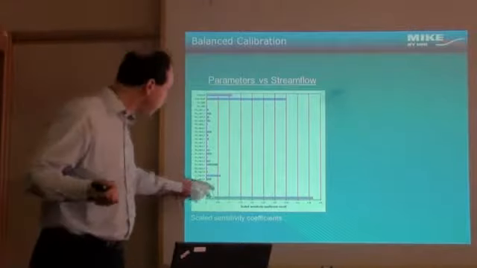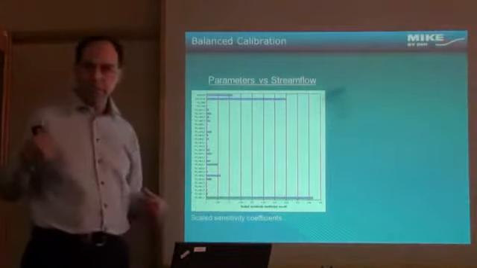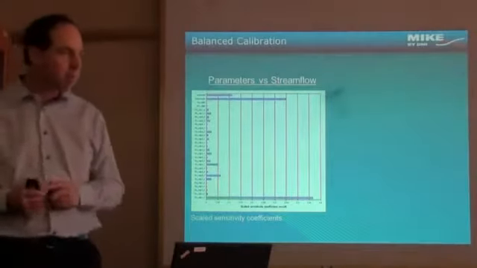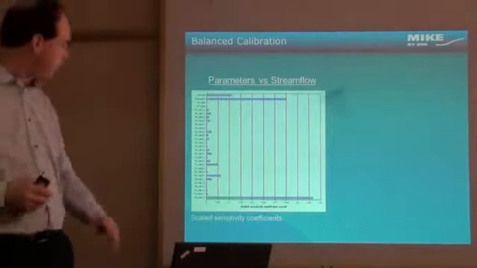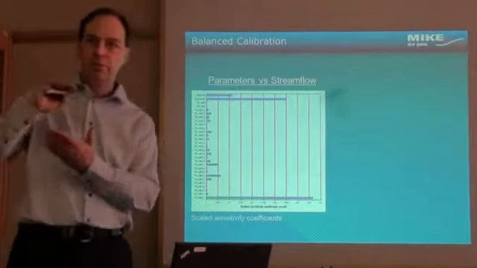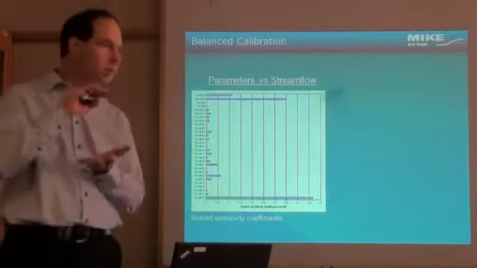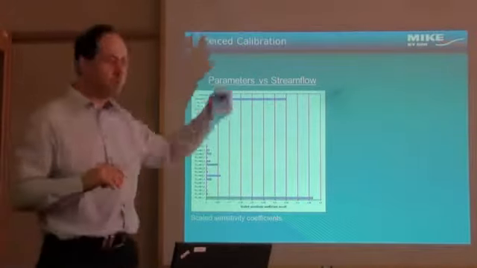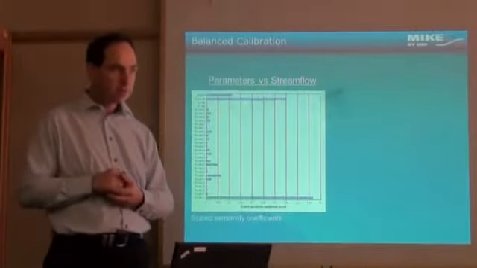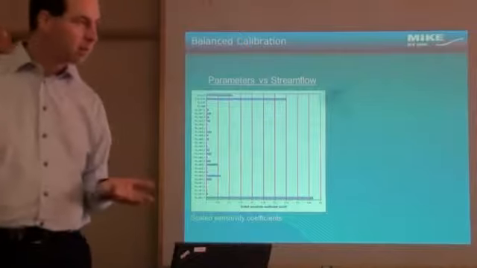But what's interesting though here is that in this example anyway, the parameter that has the largest impact on stream flow is actually the hydraulic conductivity of the superficial groundwater system. So the superficial groundwater system is actually driving stream flow in this case. But what do we know about superficial groundwater? Nothing.